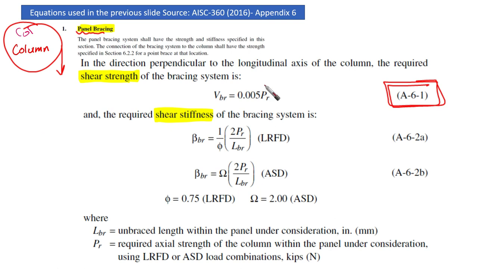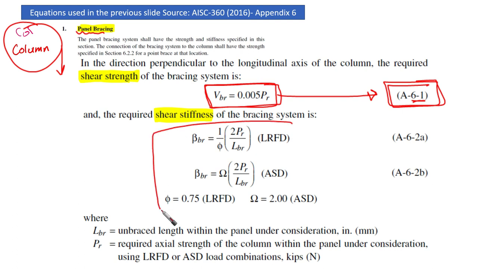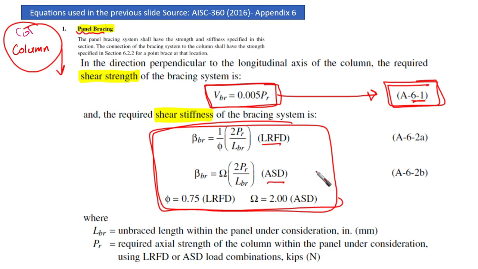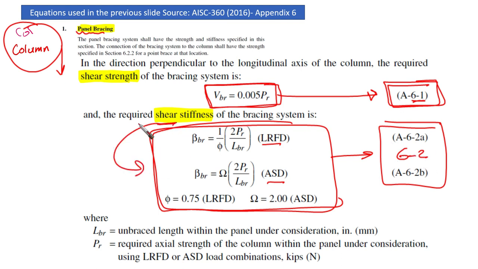In short, it provides one equation that we call shear strength, which is 6-1. Then another equation, all of these are equation 6-2, because it is for LRFD and ASD. This is equation 6-2, for shear stiffness. So we have shear stiffness and we have shear strength.